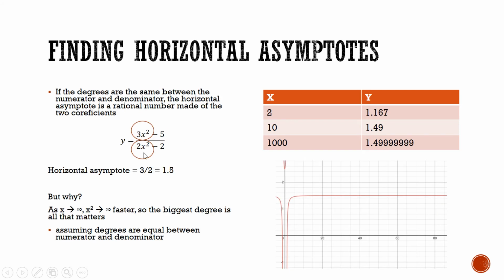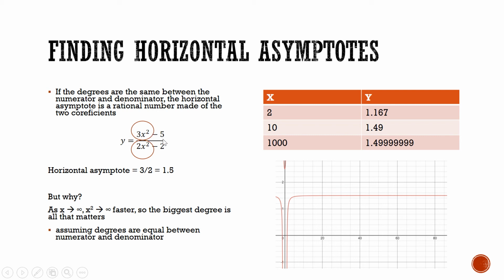However, if the degrees are the same, so here the degree of x is 2 and the degree of x here is 2, they are the same, therefore we can have a horizontal asymptote that is not 0. In this case, we need to look at the highest degree, x squared, degree 2, is the highest degree.